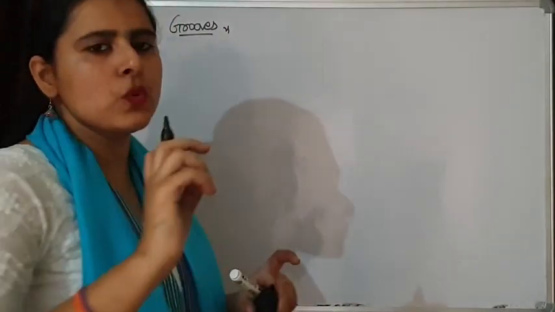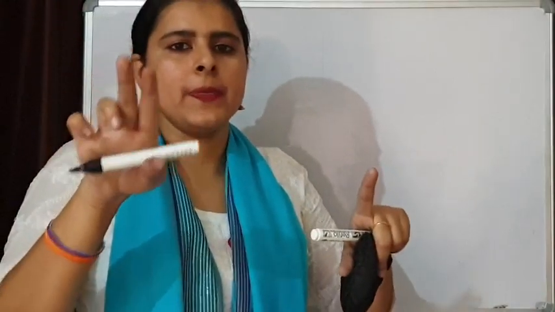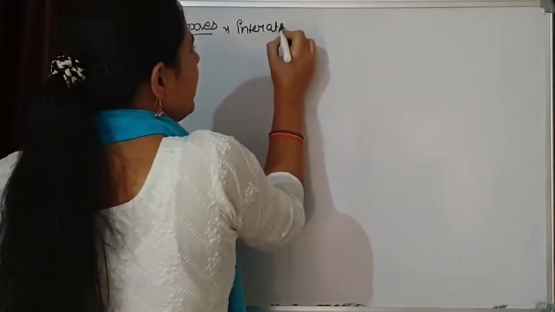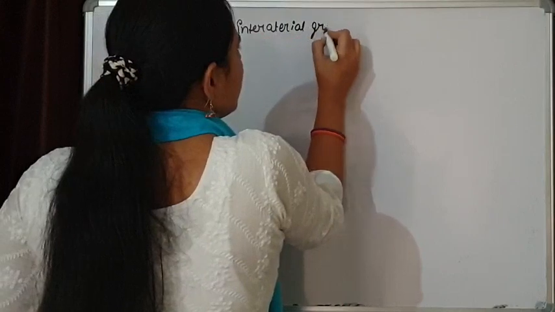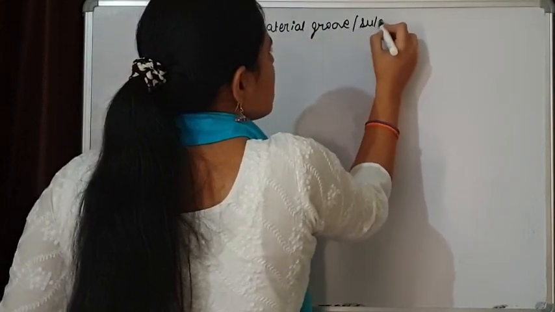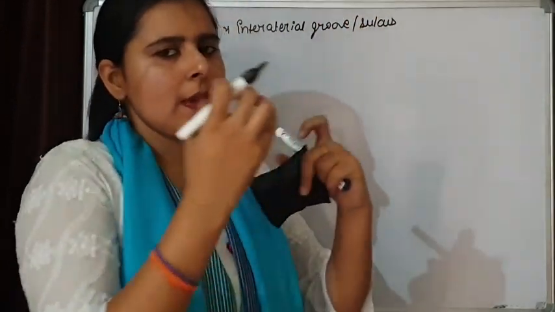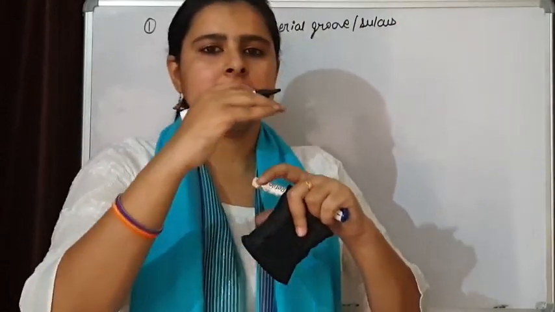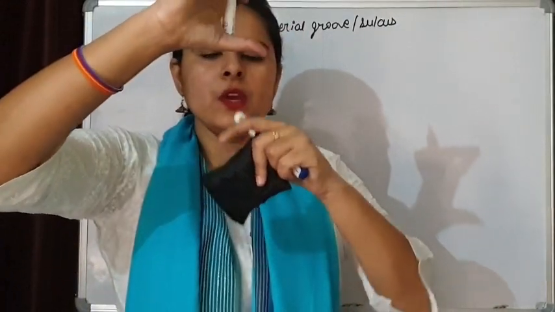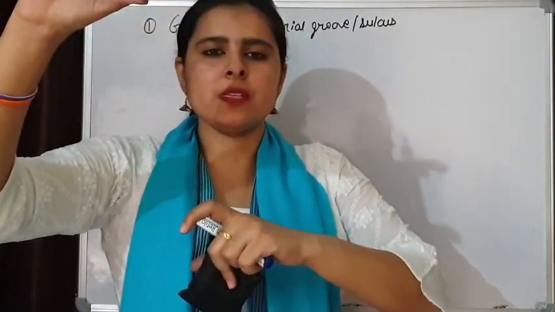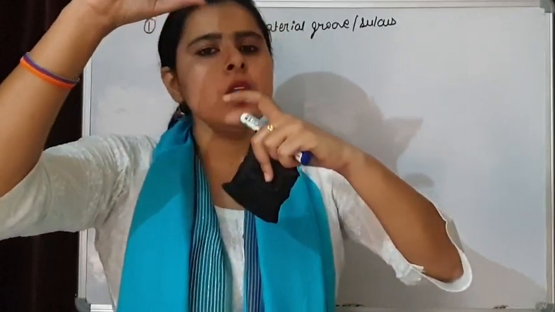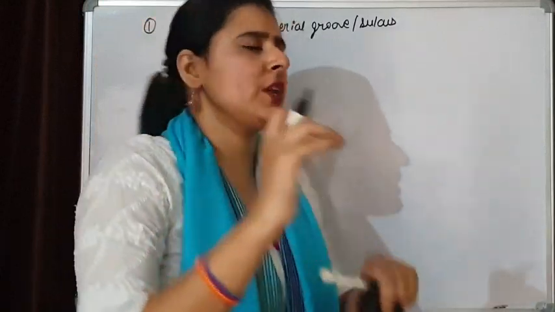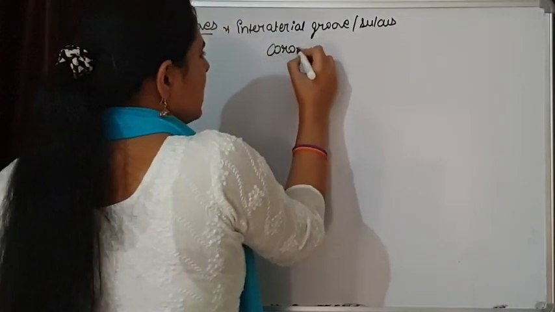The groove that separates the left and right atria is the interatrial groove, or you can say sulcus. So it is responsible for the separation of the two atria. Now there is one sulcus that separates the upper chambers from the lower chambers. Two chambers are present on the upper side and two on the lower side. The sulcus separating the upper and lower chambers is the coronary sulcus.